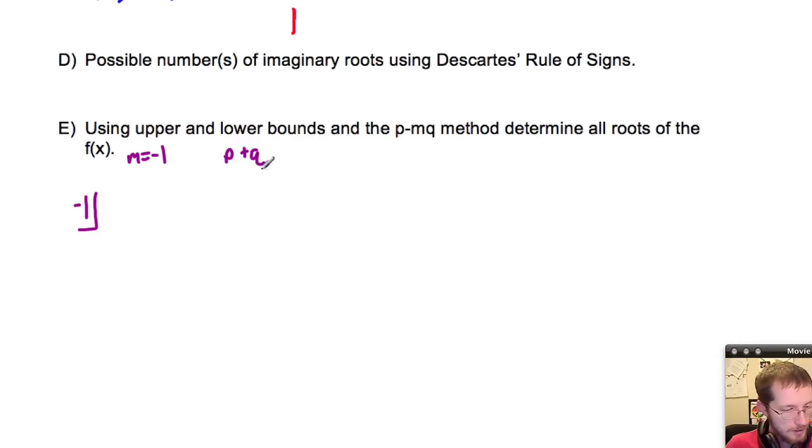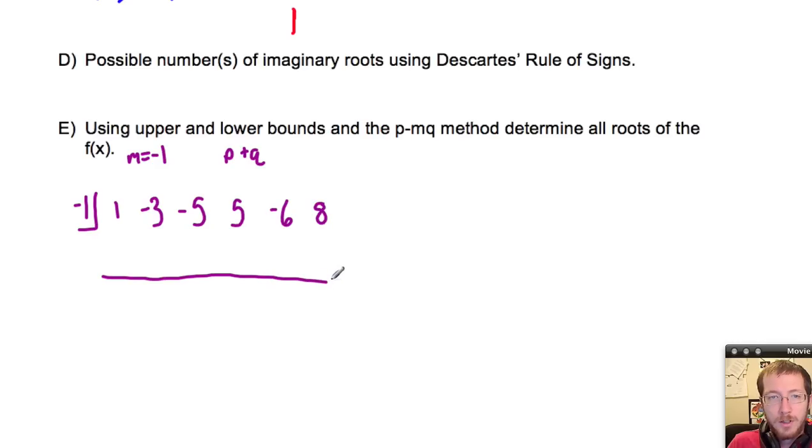Alright, so my coefficients, let's see, are 1, -3, -5, +5, -6, and +8. Okay, synthetic division, bring down the 1. So we're going to change the sign each time.